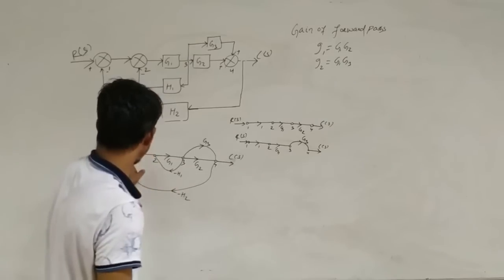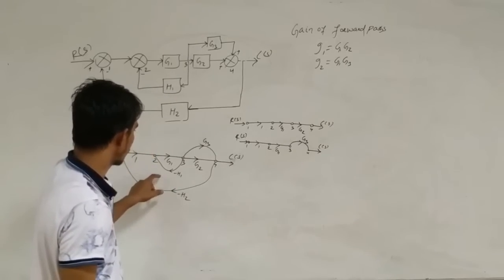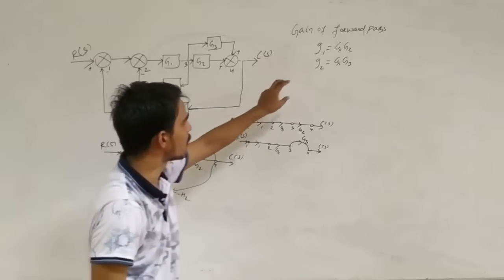Any other forward path? No, this is feedback and this is also feedback. So only two forward paths are there.